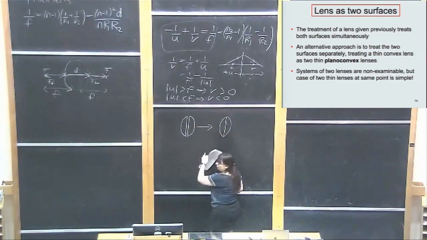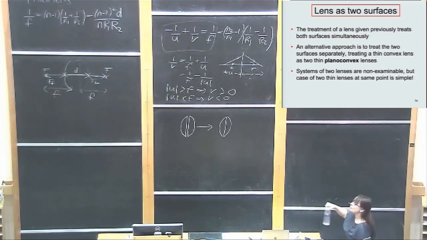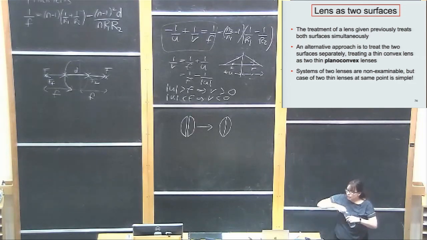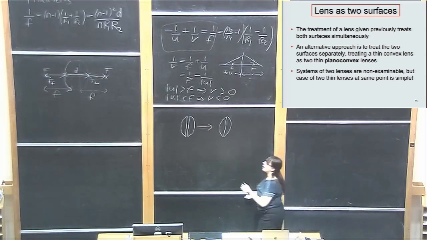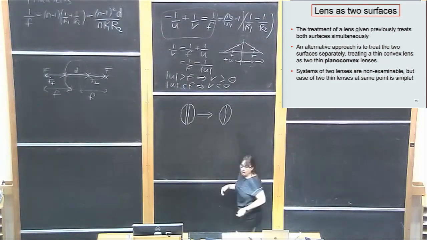Now, if you have either listened to me in the first lecture or dutifully read the syllabus, you will know that systems of two lenses are not examinable.